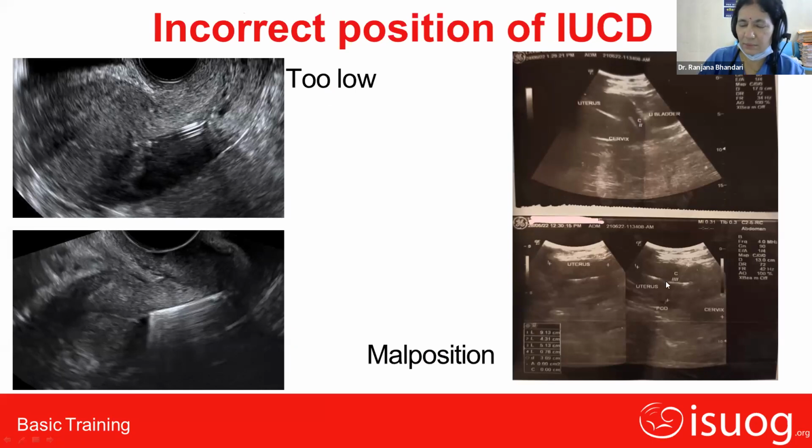This was a case of PPIUCD given just after delivery, and the patient came 8 months after cesarean. And see, this is the cervix, this is the uterus, and the lower part of the IUCD is towards the uterine scar.